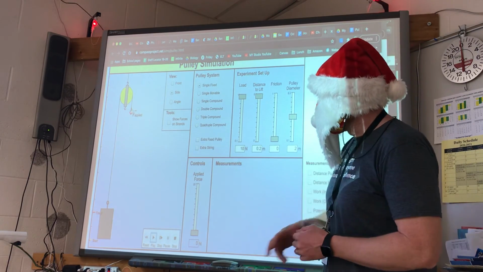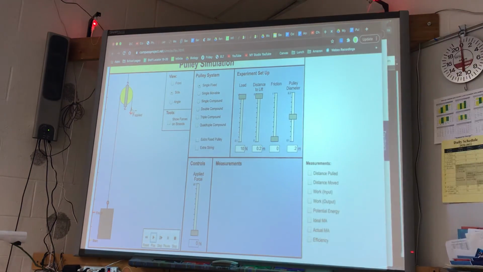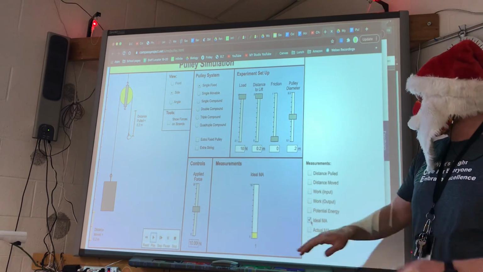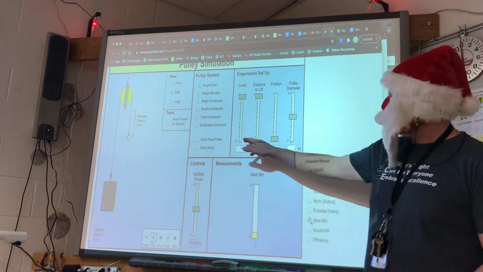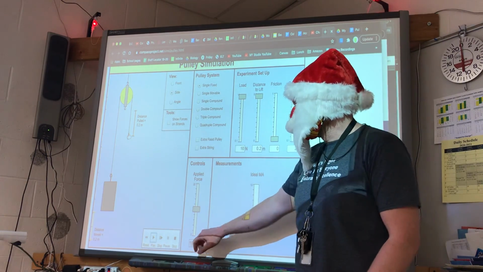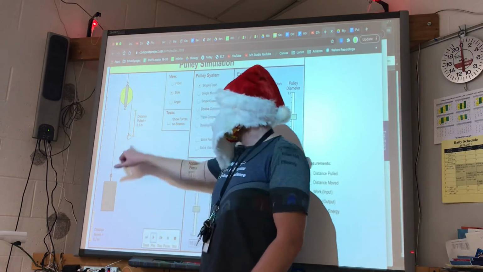And in this pulley configuration, if I want to lift this thing, I need to apply 10 newtons worth of force in order to pick this object up. The ideal mechanical advantage, something that I gave you and asked you to calculate the observed mechanical advantage, is 1. It's a ratio between the load and the applied force. It's also a ratio between the distance moved and the string pulled.